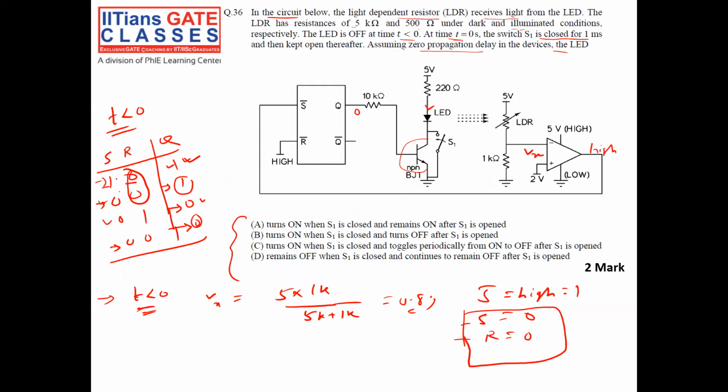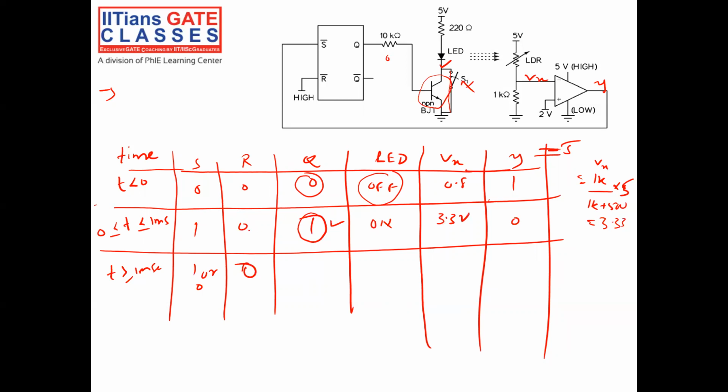Now, if S becomes 0 or 1, irrespective of that, my output will remain 1. So S becoming 1 or 0, no need to see at all. Output will be always 1. When output is 1, the transistor will be on and the LED will be on.